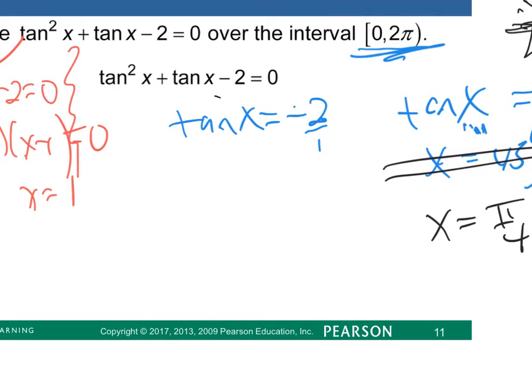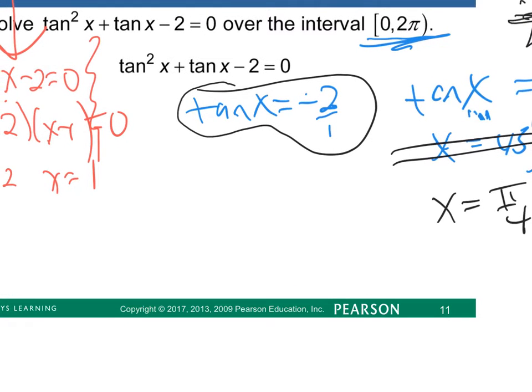This one, I'm going to use a calculator. And I'm going to show the screenshot. Okay? I'll paste it here. So get your calculator. Get ready. Because what I'm going to type in is the second function of tangent. That's arctangent of, not x, of negative 2. That's what I'm keying in.